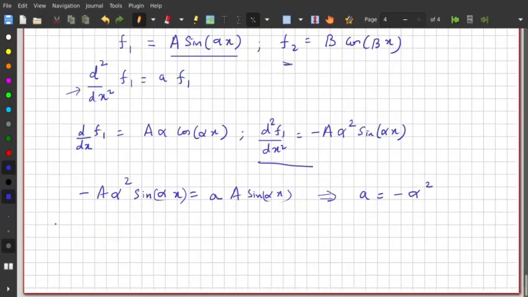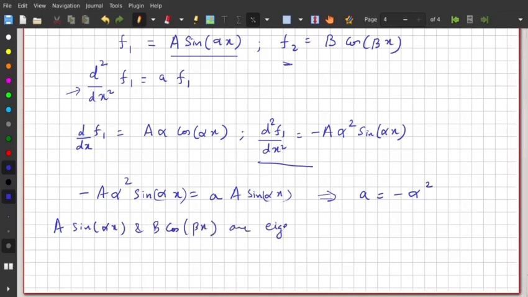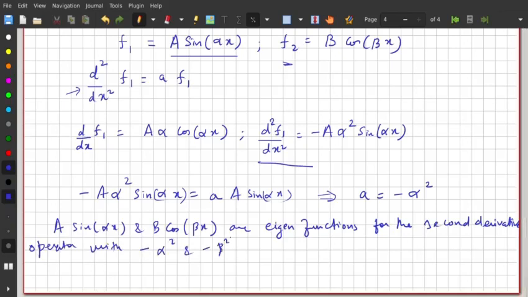So a sine alpha x and b cos beta x are eigenfunctions of the second derivative operator with minus alpha square and minus beta square as the corresponding eigenvalues, respectively.